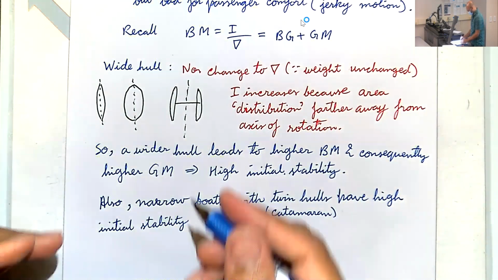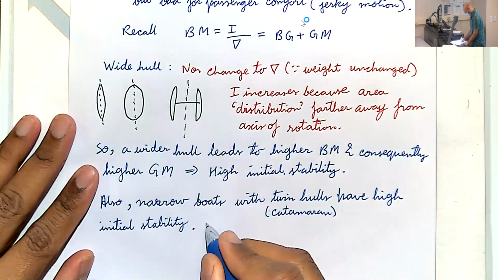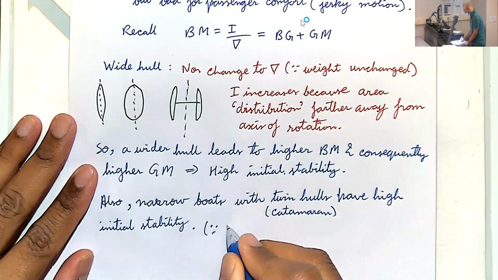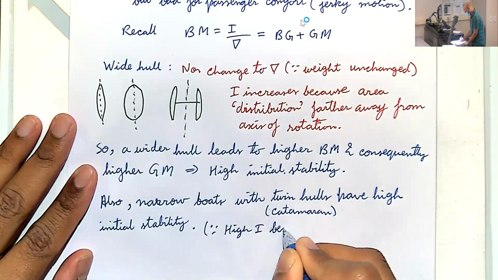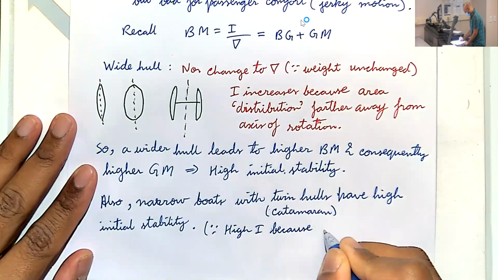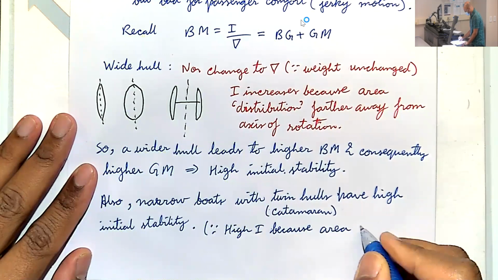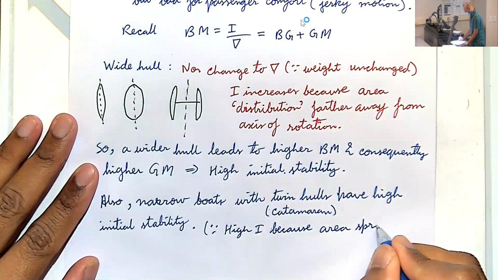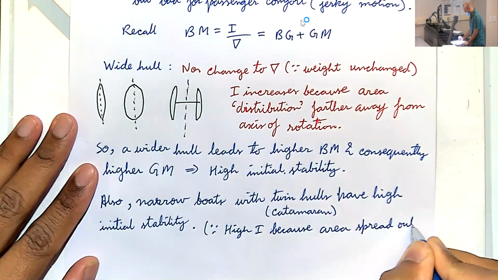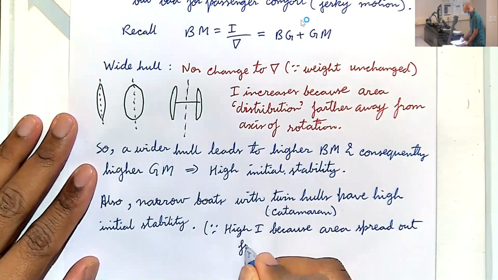And the reason is what we just mentioned. So since high I, because area spread out farther or distributed farther from the axis.